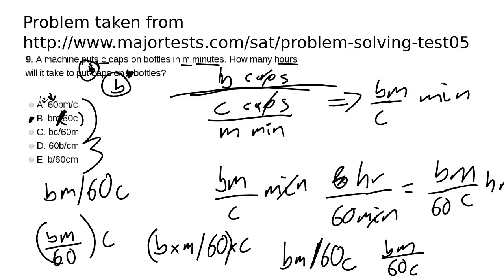So the answer has something to do with a 60, and something to do with a B, and something to do with an M, and something to do with a C. The only question is what gets multiplied and what gets divided, what is on top, what is on bottom.